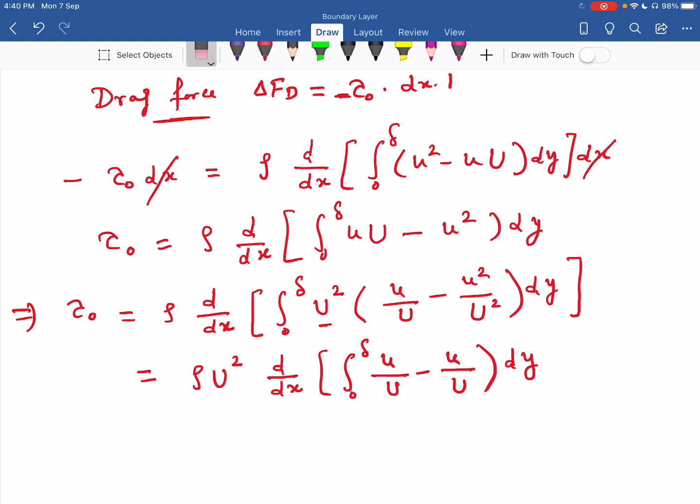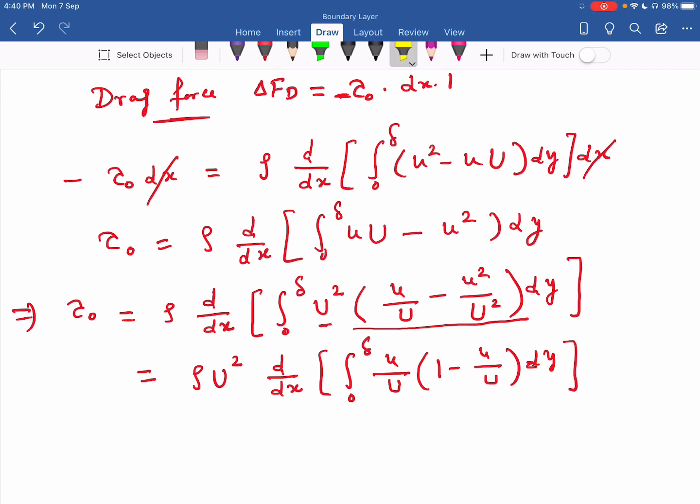Sorry, I write it again. So here it comes out to be ρU² d/dx of ∫ from 0 to δ of u/U, which you can take out of this bracket, and within the bracket I have (1 minus u/U) dy.